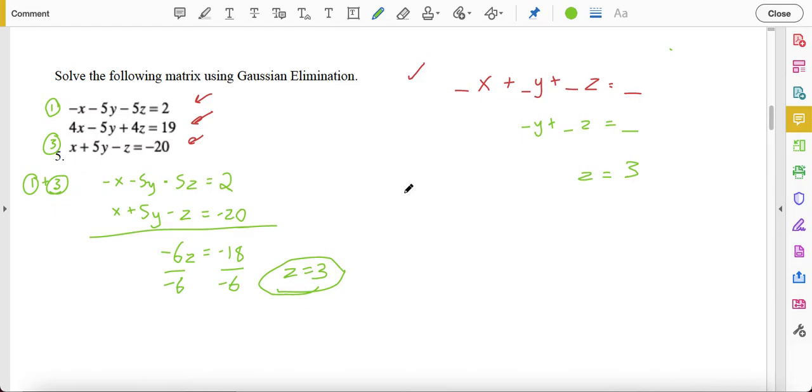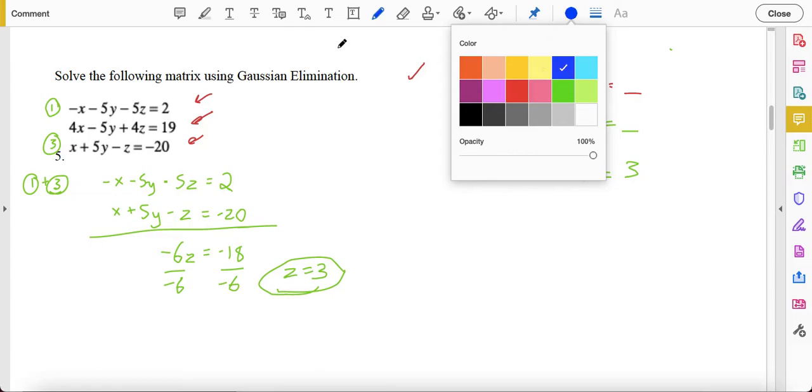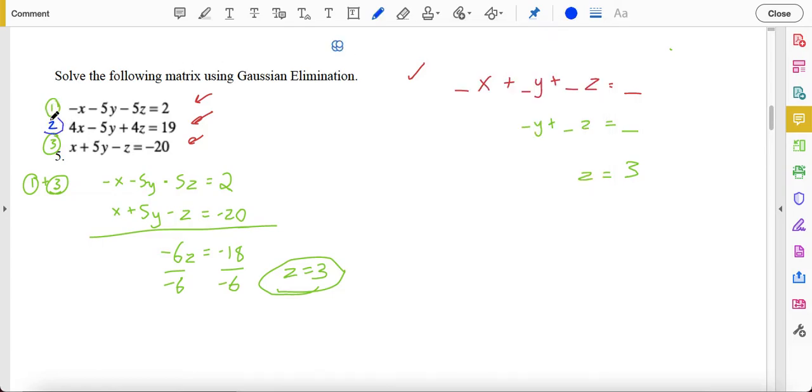Now I need two other ways that I can cancel out x's. So what I'm going to do is cancel out my x's by combining equations 1 and 2, and then equations 2 and 3. So let's do that. So here's equation 2. So I'm going to do equation 1 times 4 to get this into negative 4. And I'm going to add equation 2.